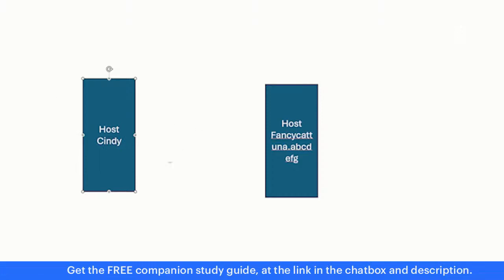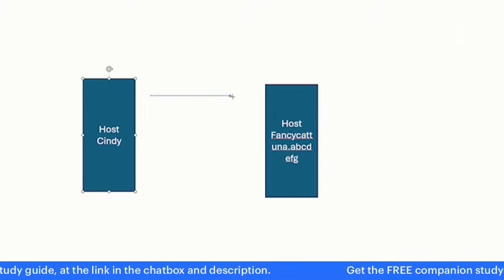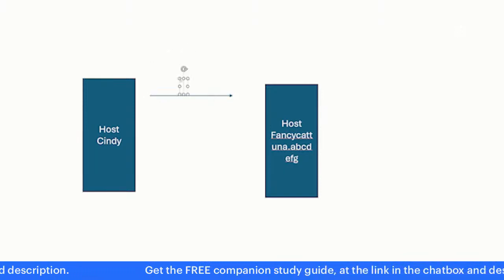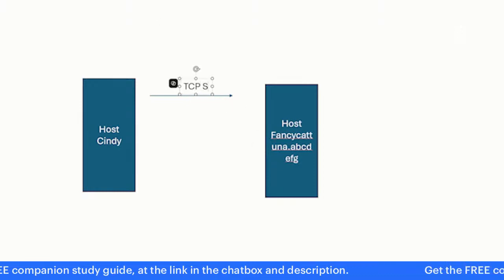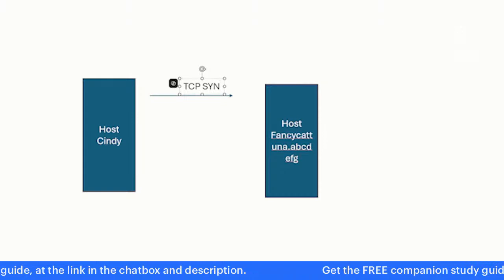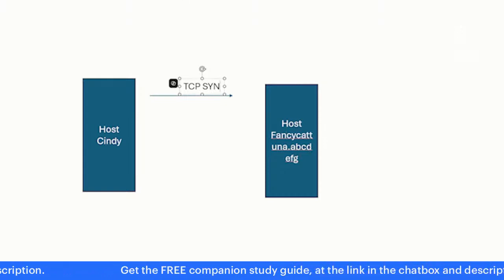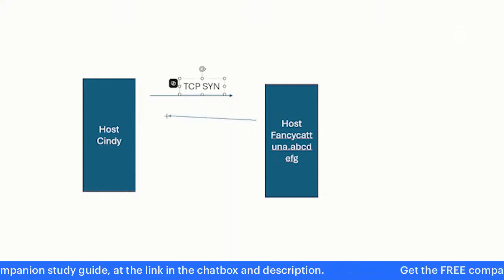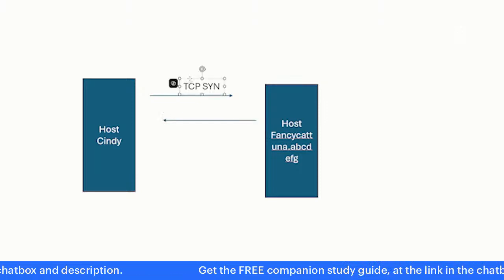So here's the way TCP sets up a connection. Cindy says, I would like to open up a connection with you. So Cindy sends this, open up a connection with me, and it's going to be a TCP SYN. And what'll happen is the host for fancycattuna.abcdefg will say, okay, Cindy, I see your SYN, and I'm going to acknowledge it, but I'm also going to open a connection with you.